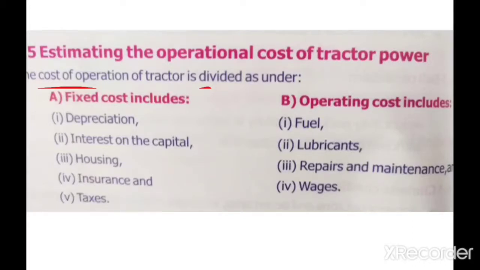This cost relates to the machine ownership, and this cost occurs regardless of whether the machine is used or not, and fixed cost is inversely proportional to the annual use. Then variable cost or operating cost: those costs which are directly related to the amount of use are called variable cost. Now let's know about calculation of the fixed cost.